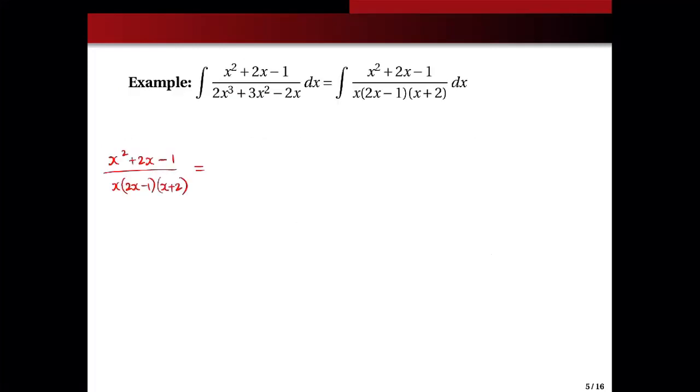So this can be written as a over x plus b over 2x minus 1 plus c over x plus 2, where a, b, and c you need to identify.